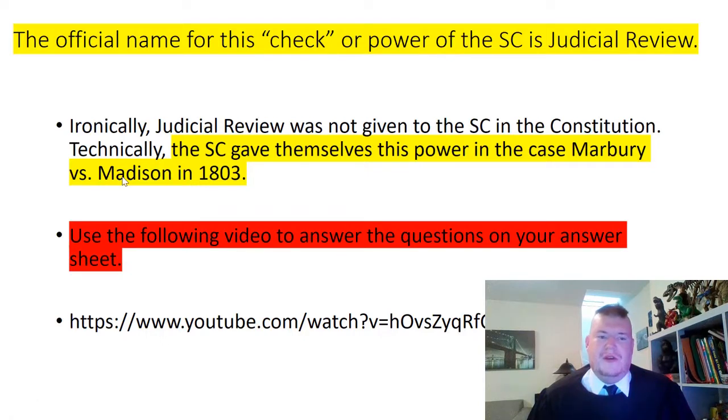So whenever you see that, that is a court case. It took me a long time to actually understand the nuances of Marbury versus Madison, and I really don't expect you guys to get it 100%.